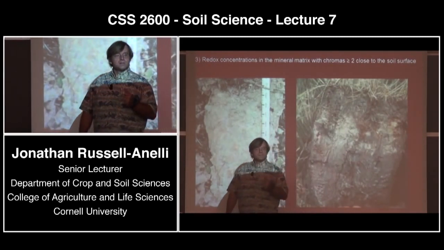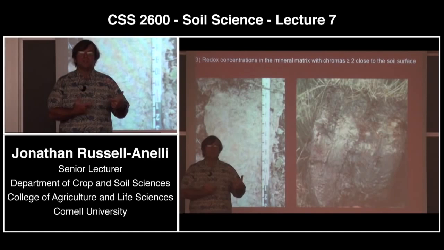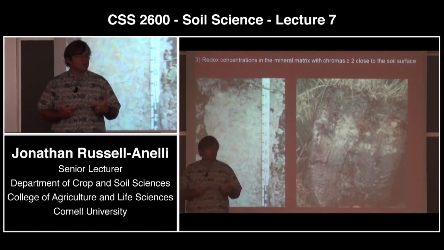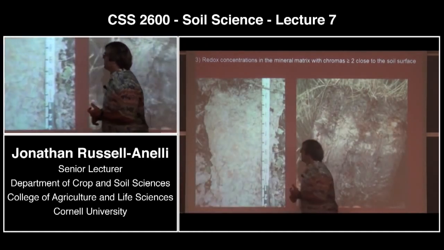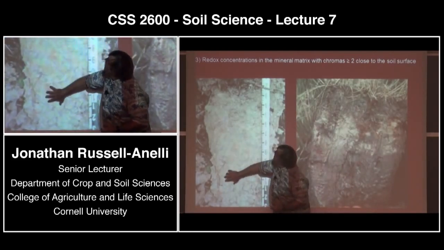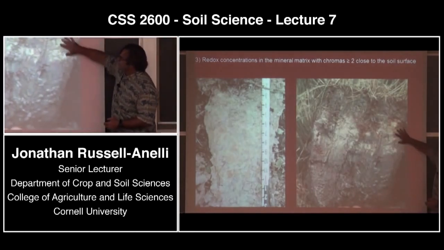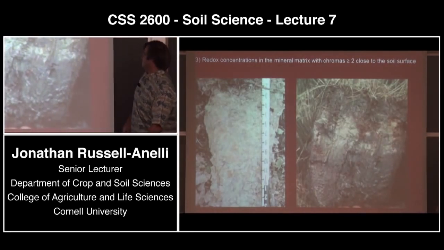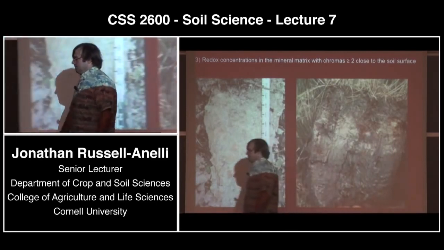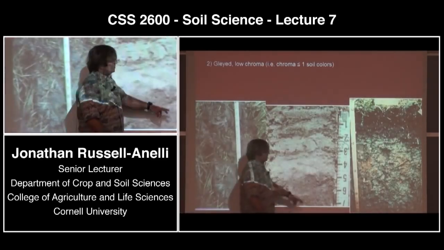The term redox comes from reduction oxidation. Sorry, that was a jargon thing. I apologize. So here are these redox features. Here's the oxidation features, these red redox concentrations. Here they become a little bit more apparent. In fact, I think the last slide was better. You can really see those reds popping out there.